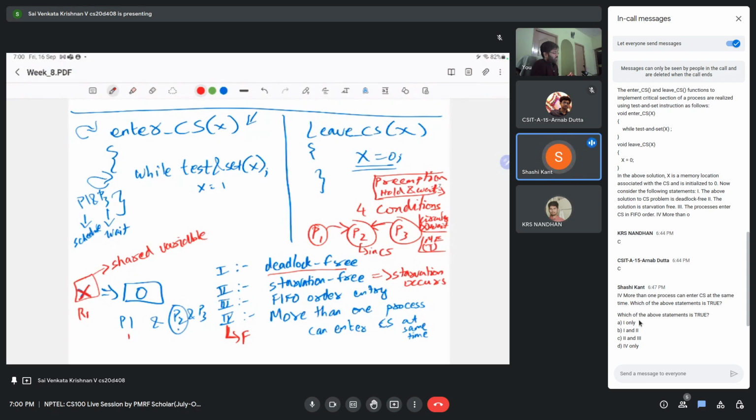No, it cannot enter. If P2 cannot be preempted and is running for an infinite amount of time, then the other processes cannot enter. So in such a case there will be a deadlock, right? Right, there will be a deadlock.